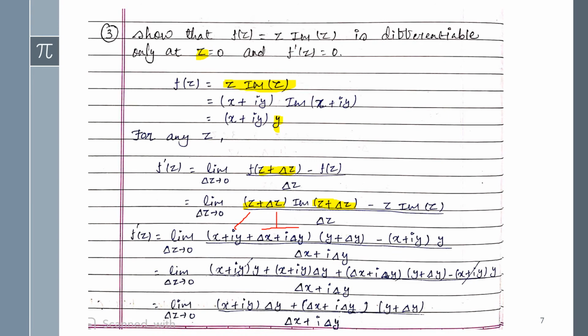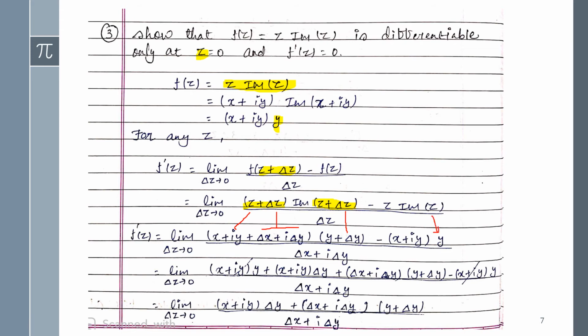So in place of that, you have to write the imaginary part of this one. Okay, so definitely it will be in the form of y. So it will be y plus delta y, because the imaginary part of z is y and the imaginary part of delta z will be delta y. So it will be y plus delta y. Now minus z, that is x plus iy, into the imaginary part of z, and z that is this y.